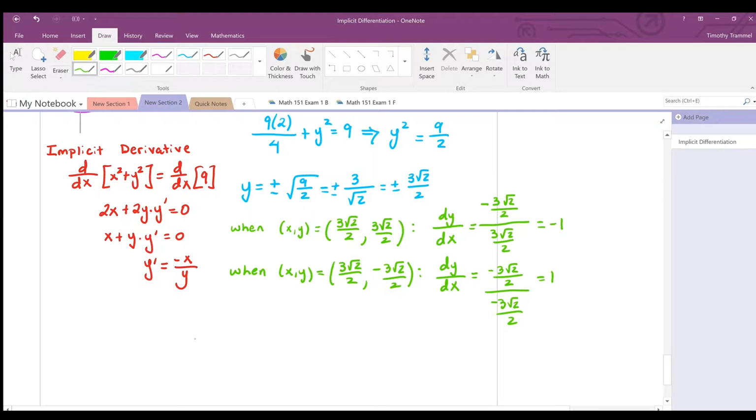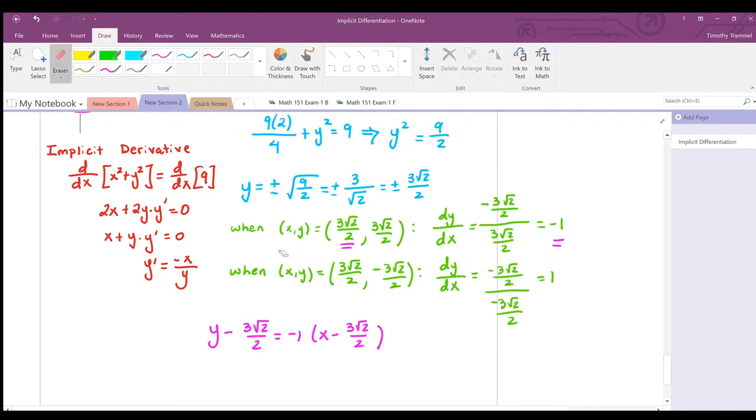Now we just need the two tangent lines. One of these tangent lines goes through this point right here. Let's deal with this one. y minus the y value is equal to the slope, that was minus 1, times x minus the x value of the point, so 3 root 2 over 2. So there's one of our equations.